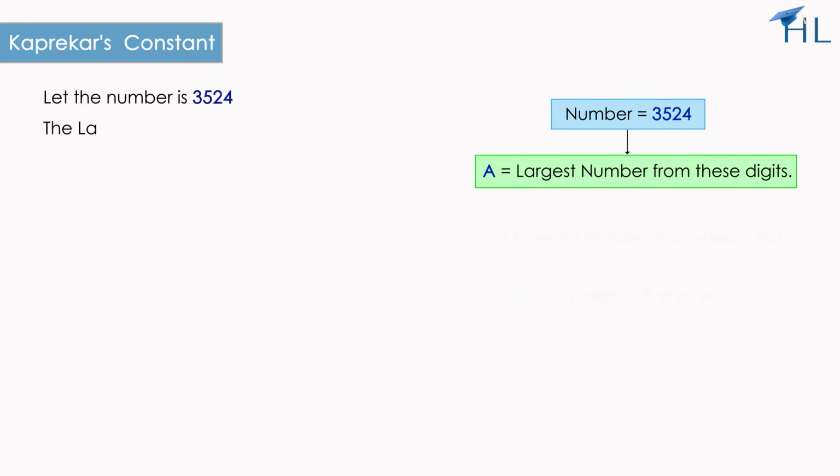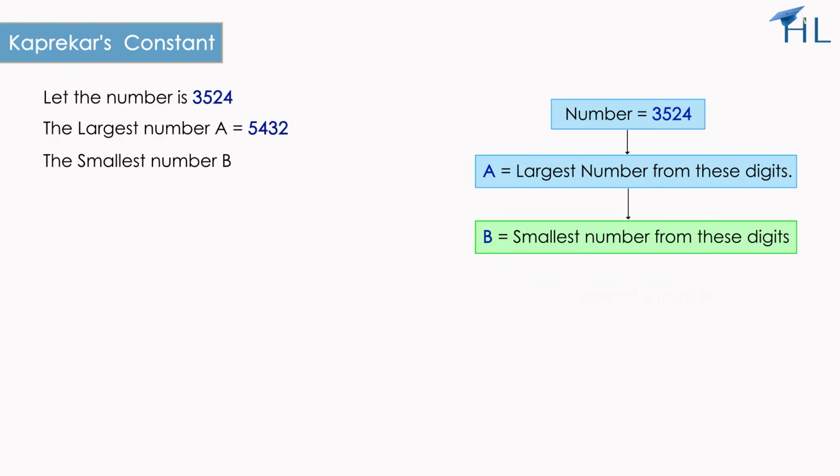Let's understand it with an example. Step 1. Take a 4-digit number, say 3524. Step 2. The largest number A using these 4 digits is 5432. Step 3. The smallest number B using these 4 digits is 2345.